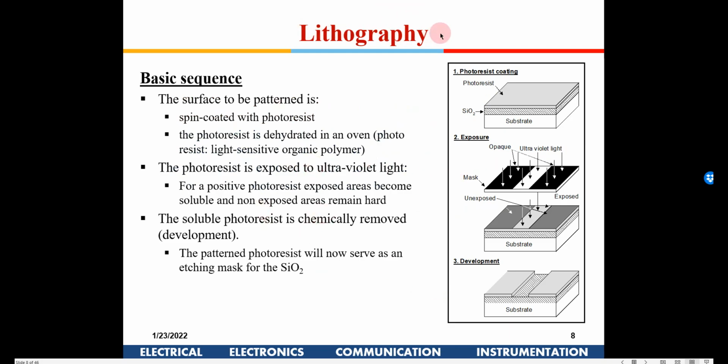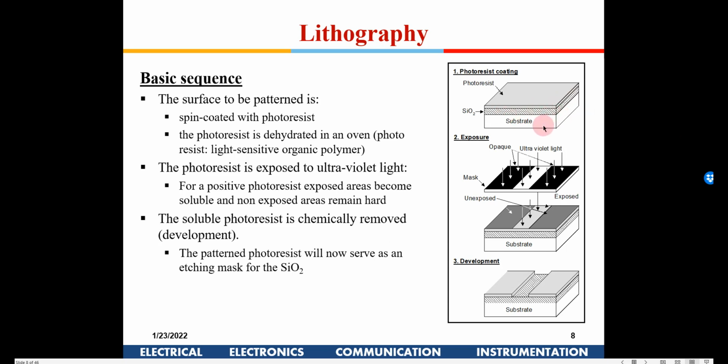Now in the fabrication of CMOS, lithography is one of the most important procedures. So how lithography is done, we just go through some of the basic steps. Once you have a substrate, you grow silicon dioxide over it. How to grow silicon dioxide, we'll see in the oxidation process.